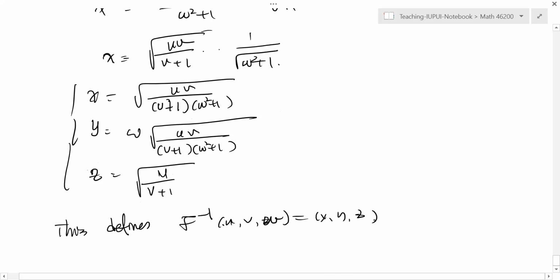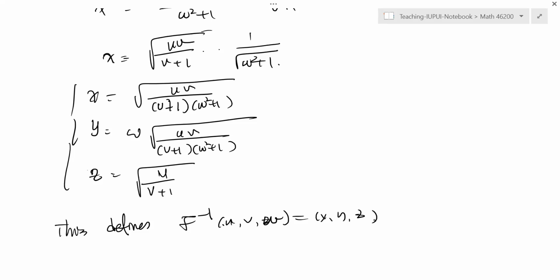So now you have a map in three-dimensional space using those three families of surfaces. This is an interesting map, a very interesting transformation. You can deform the picture in three-dimensional space into another one using this. You can write a program.